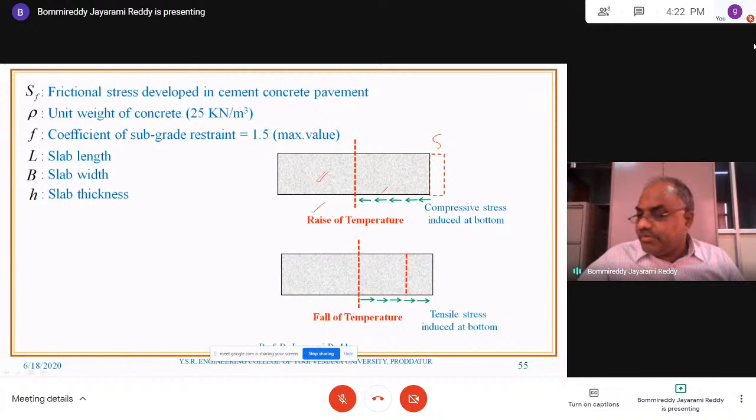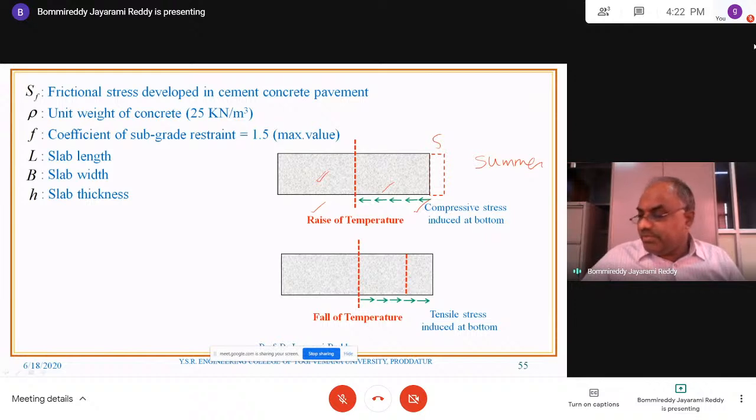And what type of stresses developed here? Compressive stresses induced. So that means in summer, what type of stresses are induced because of the friction? It is only the compressive stresses.